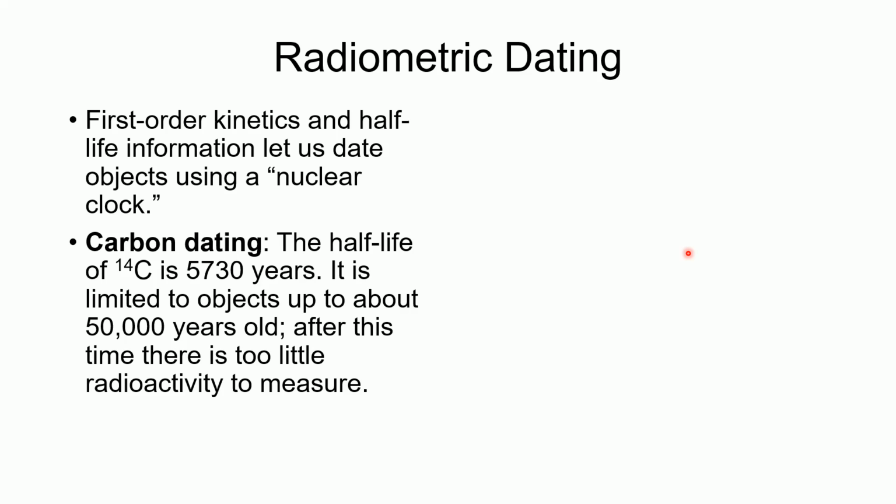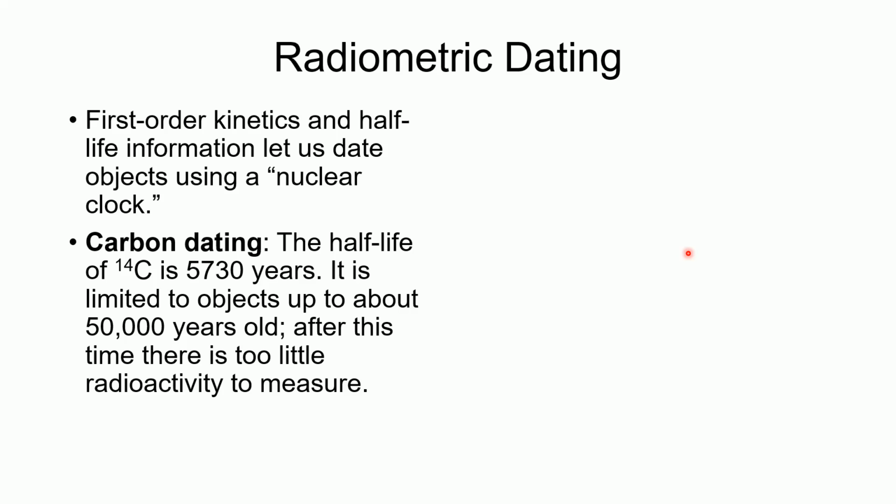For example, we can do carbon dating, and carbon-14 has a half-life of 5,730 years, give or take a few years, and we'll find that if we've got an object that is under 50,000 years old but older than 1,000 years old, we can get a pretty good estimate of how old it is.